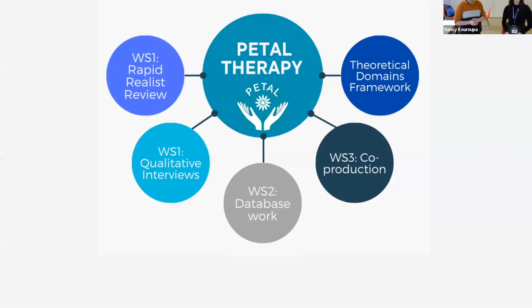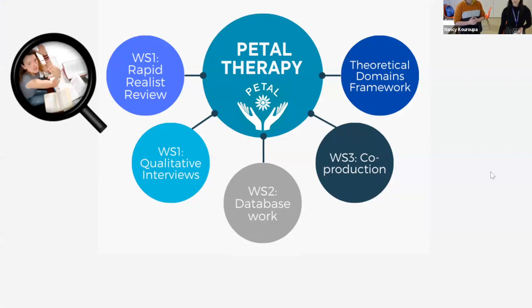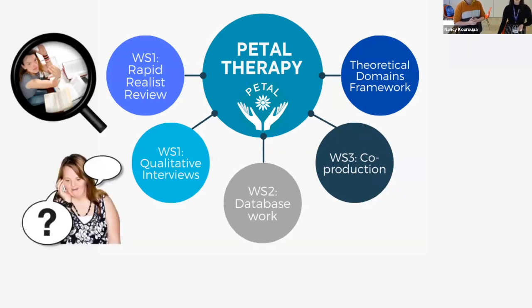I know you've heard a lot about the PETAL programme, but just to give a little overview. When we were designing the PETAL therapy, we used evidence from several work streams. One being the rapid realist review, which Angela spoke to you about before, and also qualitative interviews with stakeholders.